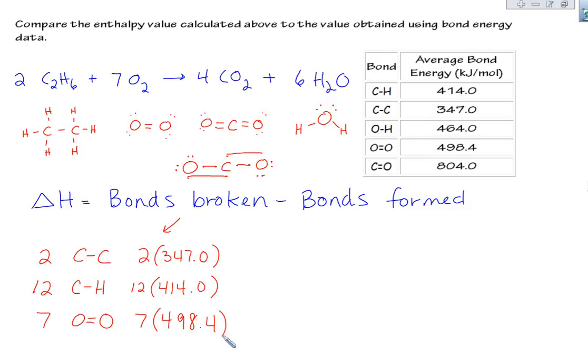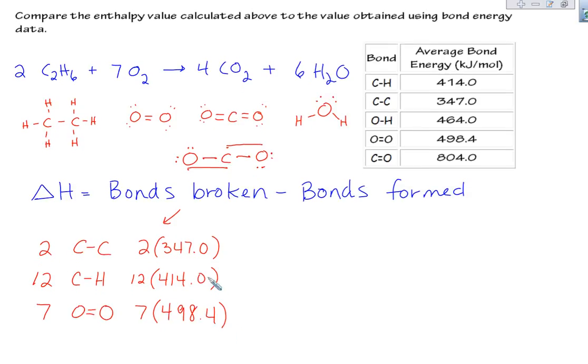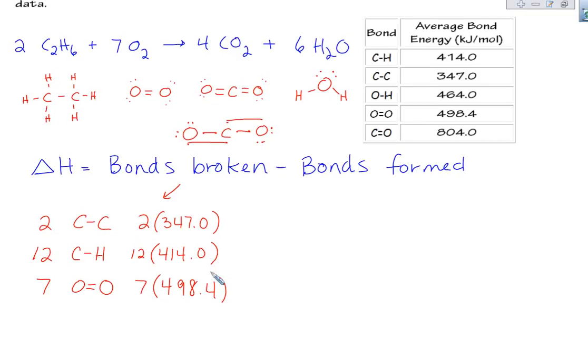Okay, so we're going to plug all that in our calculator. And there's the energy required to break the bonds on the reactant side. So that's going to be 9,148. Excellent. Kilojoules.